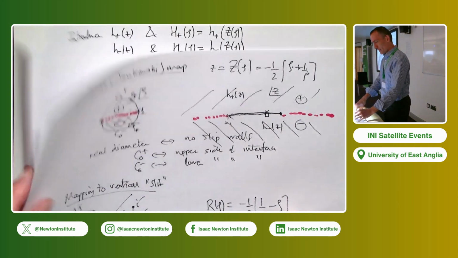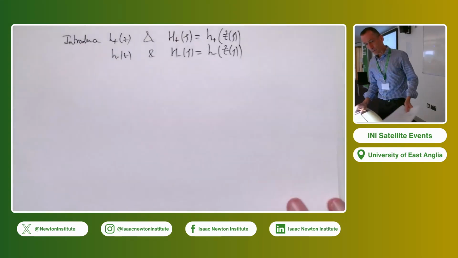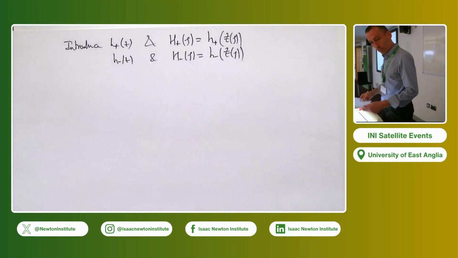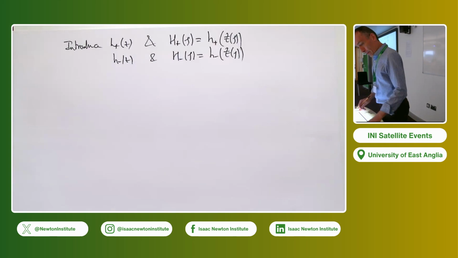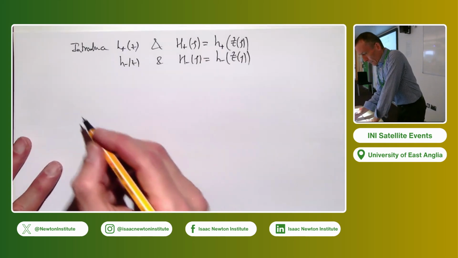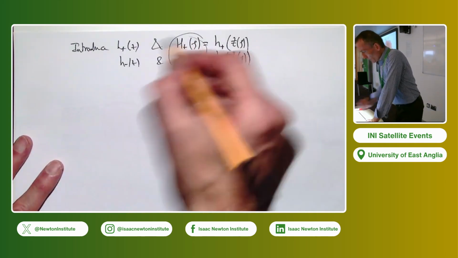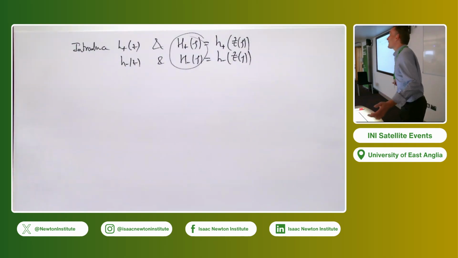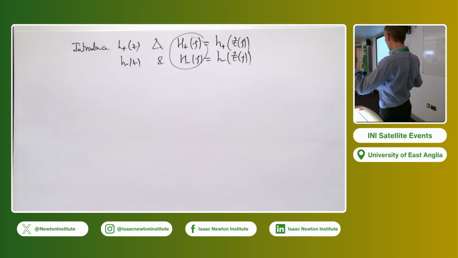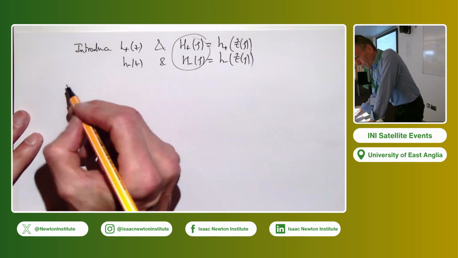I just think that's unnecessary terminology, but you might hear that somewhere else. Now what I'm going to do is try to find these. As I said, we already know what they are, but we don't know what they are as functions of zeta. So that's what we're going to do.